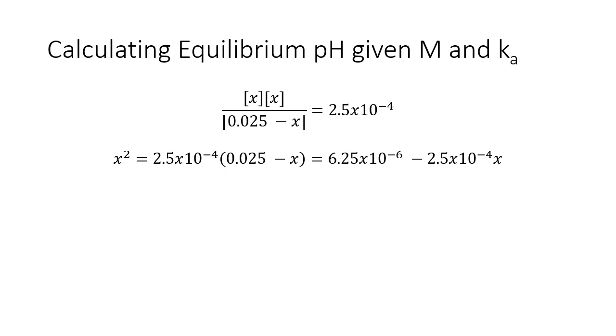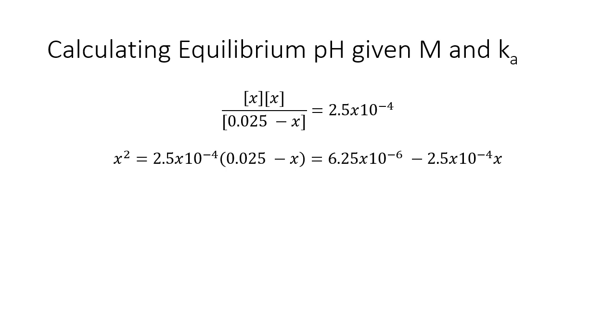Okay, so now x squared is equal to 2.5 times 10 to the negative 4 times 0.025 minus x. And if we distribute that 2.5 times 10 to the negative 4, we get that that's equal to 6.25 times 10 to the negative 6 minus 2.5 times 10 to the negative 4 x.